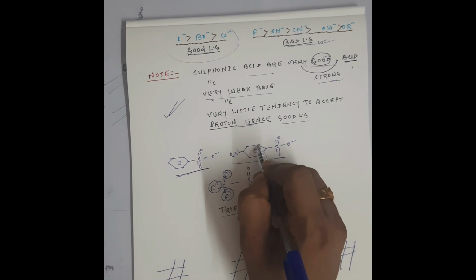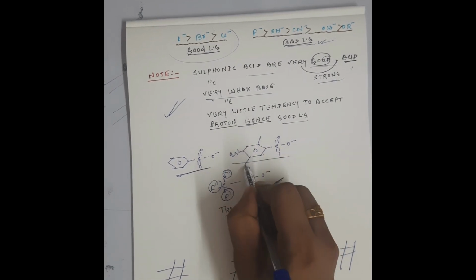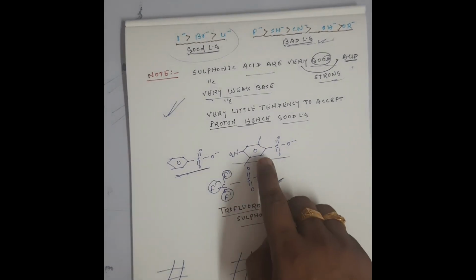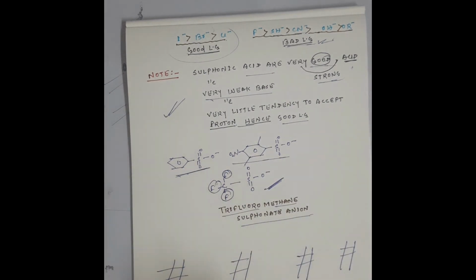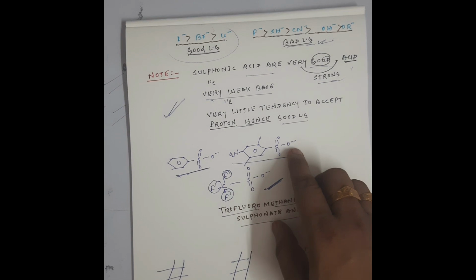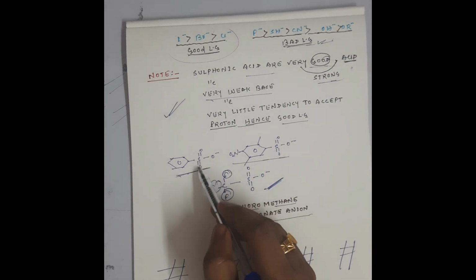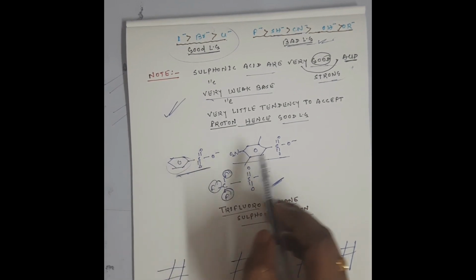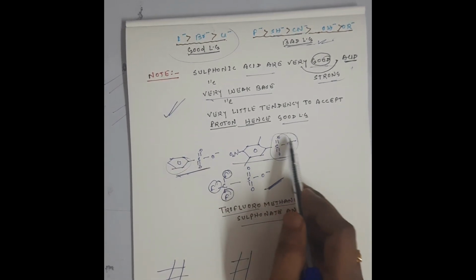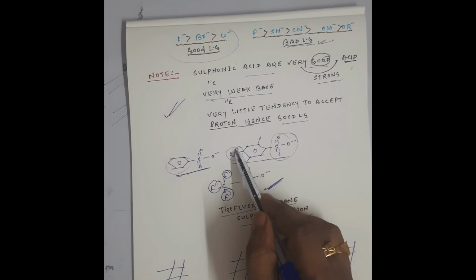If I put one more electron withdrawing group, that will be a better leaving group. Here the negative charge is dispersed on the three oxygen atoms along with the benzene, and the nitro group also.